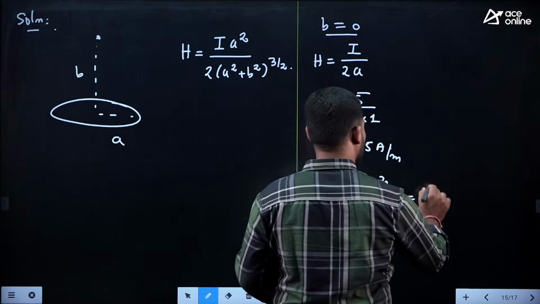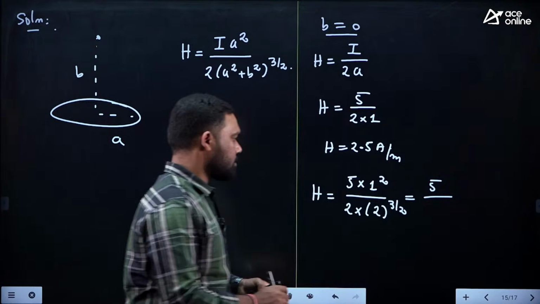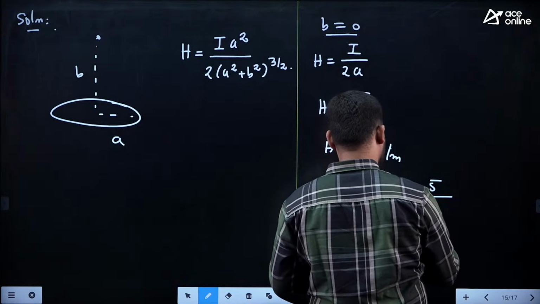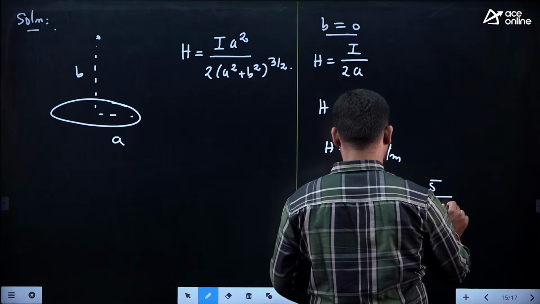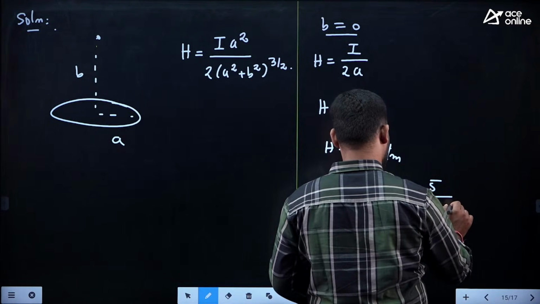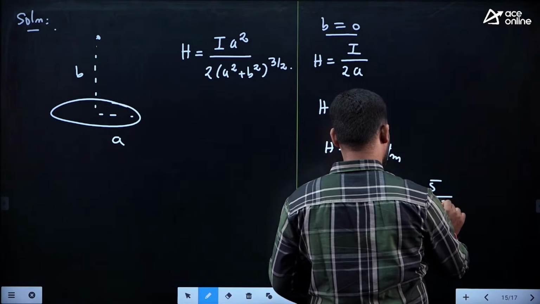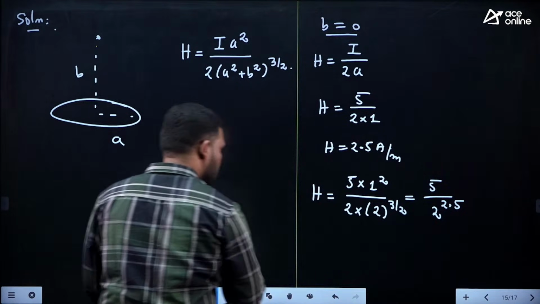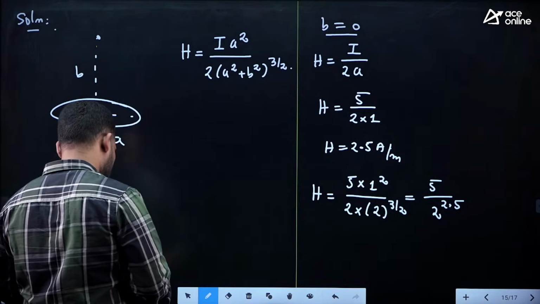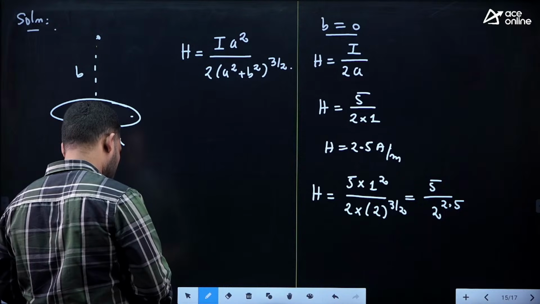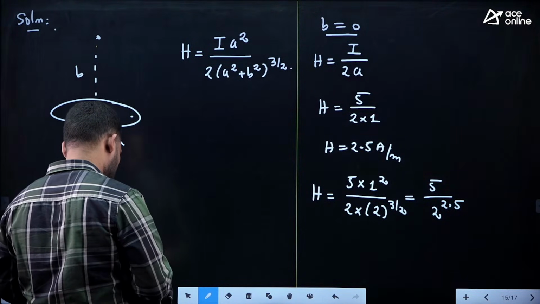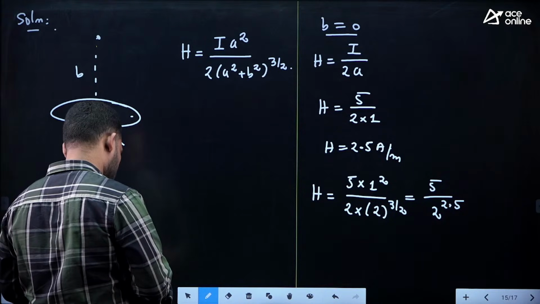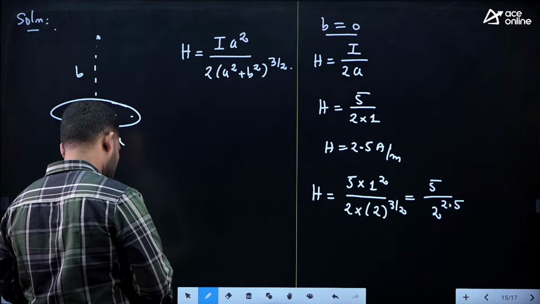So it is 5 divided by 2 to the power of 2.5.